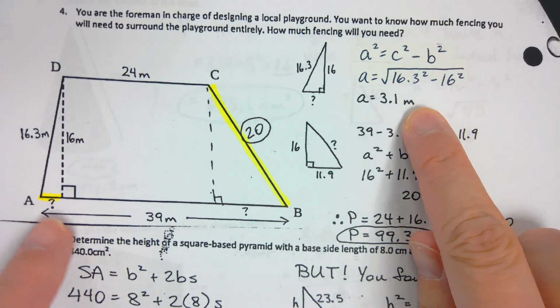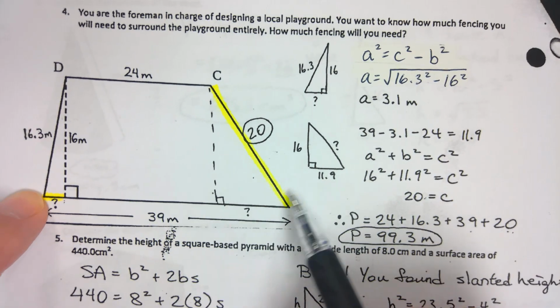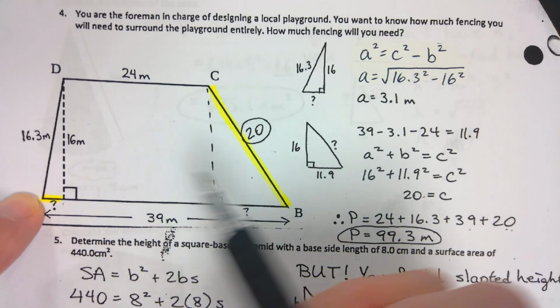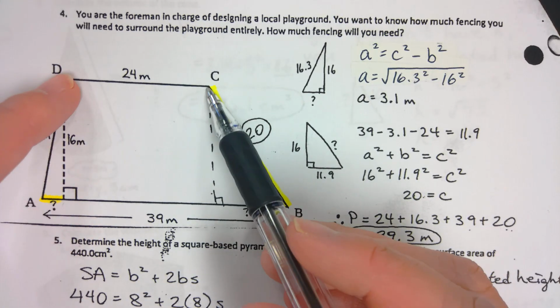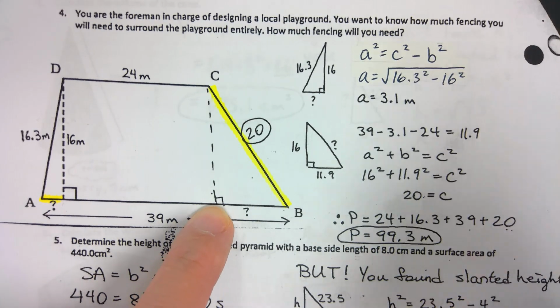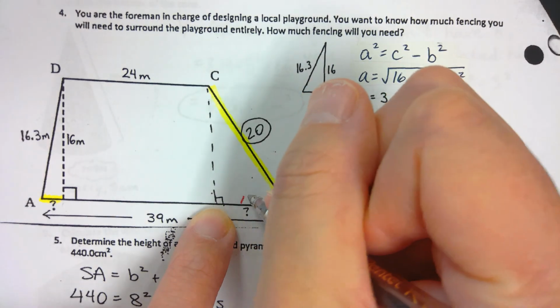Okay, and then I get about 3.1 meters. Now, why did I need this? Because if I know that the whole thing is 39, this is 3.1, this is 24, then that means what's left right here? 11.9. So 11.9 is left right here.